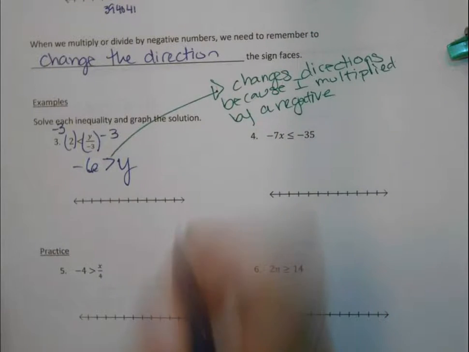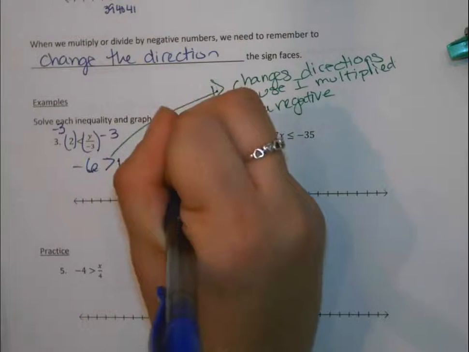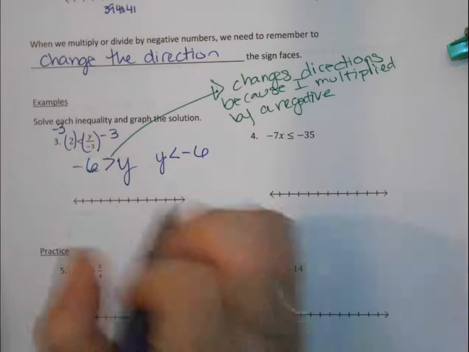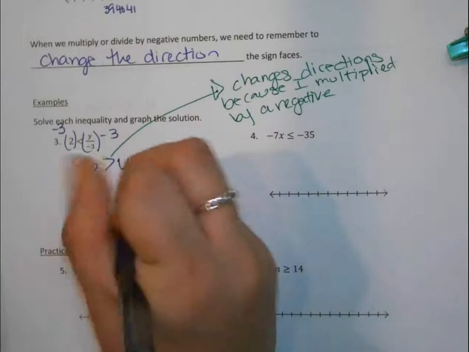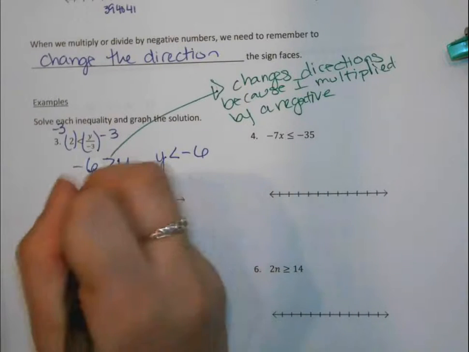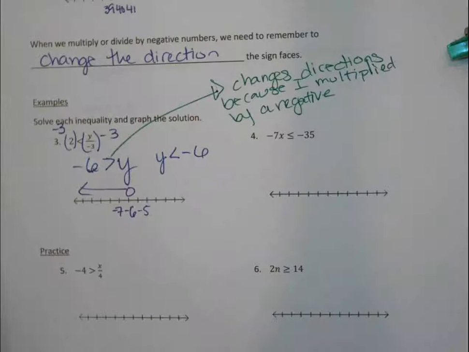Then I want to go ahead and rewrite it so my variable is on the left side. So I have y is less than negative 6. Open circle to the left because of the direction the arrow is facing.